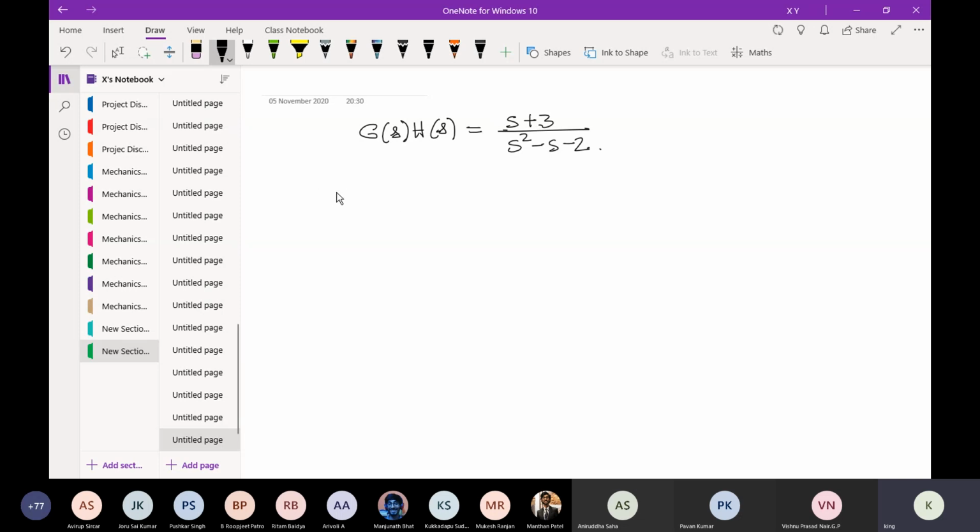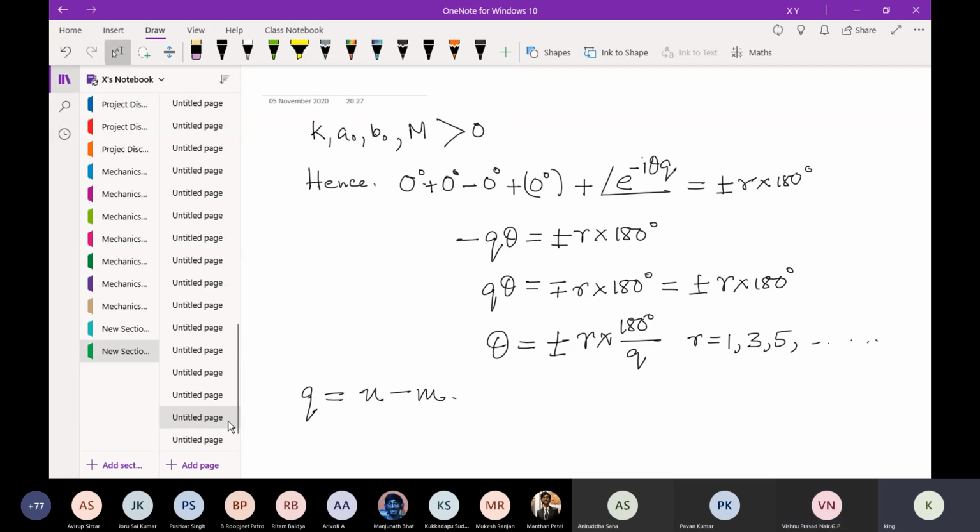So what is my N? 2. Yeah. Q will be 1. And M is equal to 1.